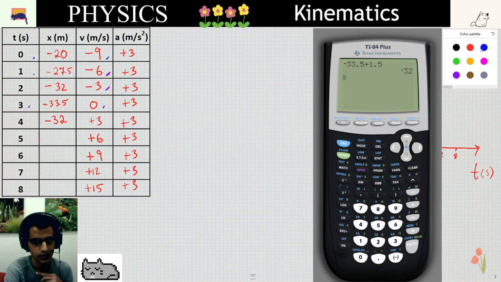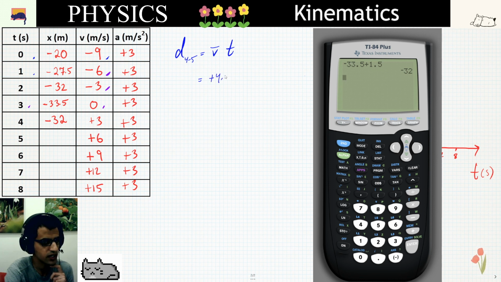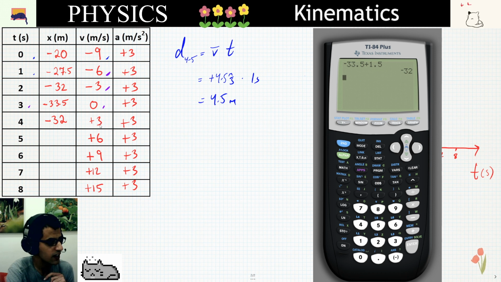So here we go. We're going to do the displacement from 4 to 5 seconds. Let's use average velocity times time. The average velocity between 4 and 5 seconds here is positive 4.5 meters per second. Multiplied by 1 second, we get 4.5 meters. So the car must have traveled 4.5 meters in the positive direction during this time interval.